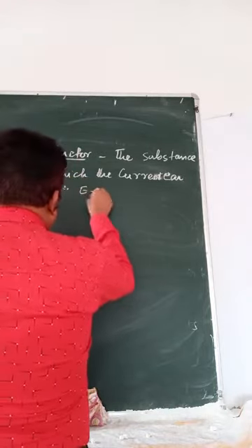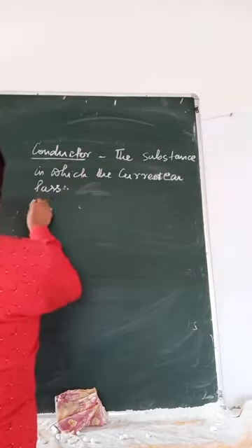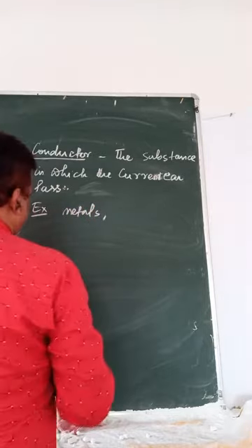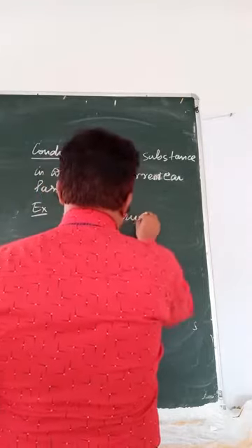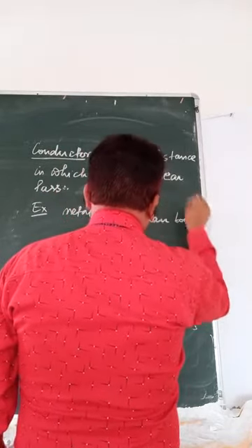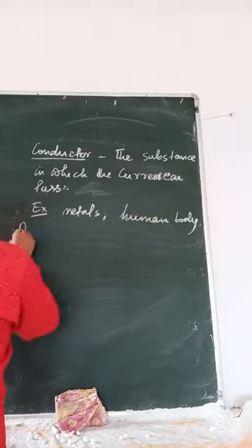Example of conductors you can write: metals, human body. What is an insulator?